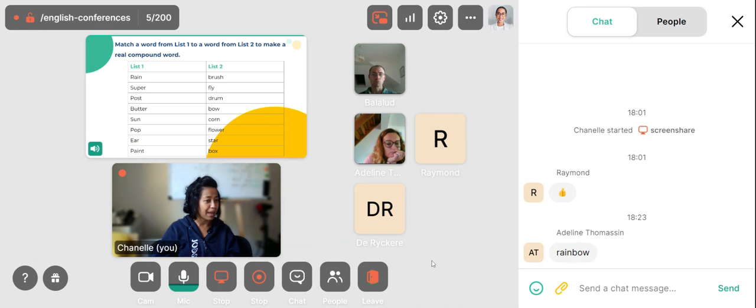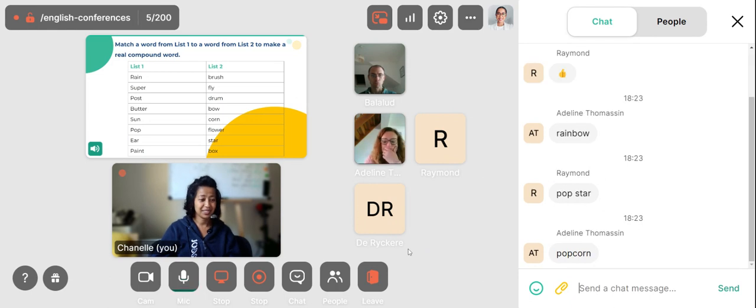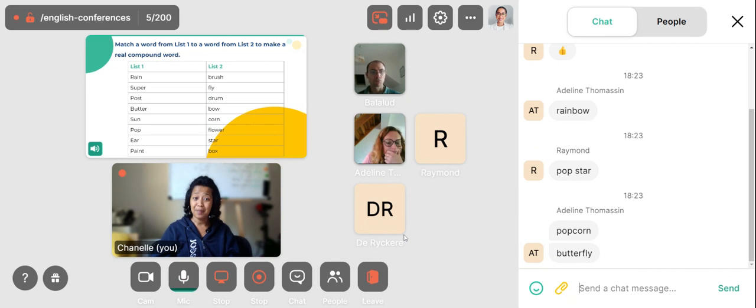Adeline, rainbow. Absolutely, it's a rainbow. Anyone else? Raymond, pop star. Beautiful. Popcorn. Wonderful. We can also use superstar. Superstar is an option. Butterfly. Absolutely. Let's try one more.